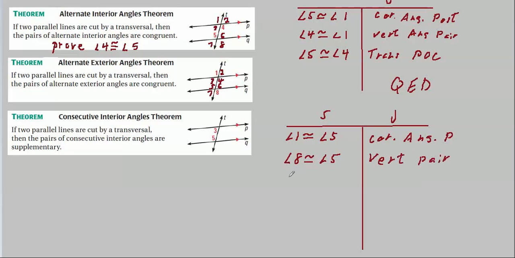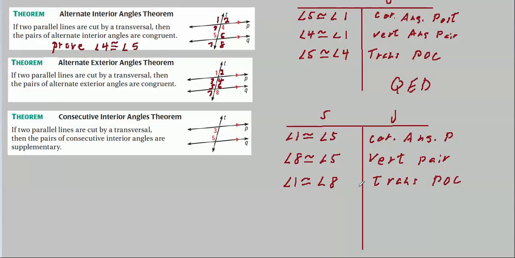And so, once again, all we have to do is use our transitive property and write that angle 1 is congruent to angle 8, and that's the transitive property of congruence. Notice we used exactly the same thing right down the line.